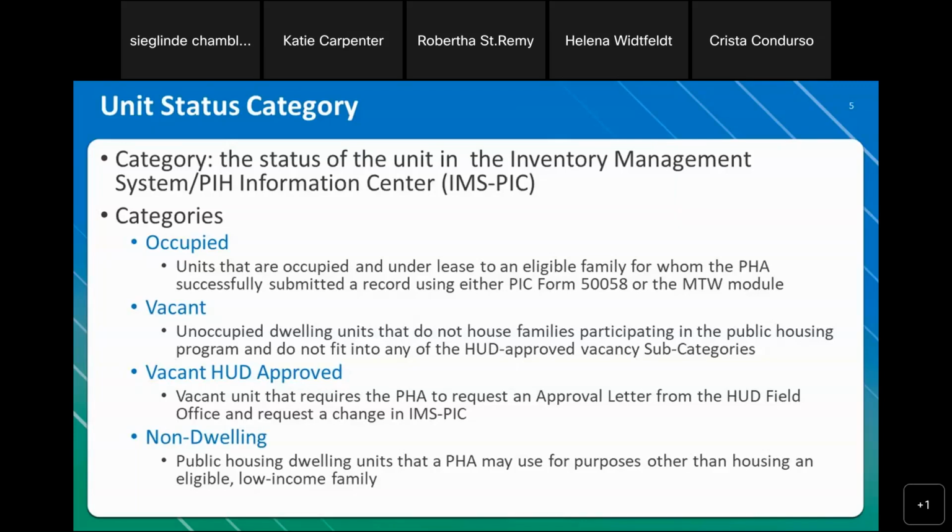The vacant units are really unoccupied dwelling units that do not house the families that participate in the public housing program and do not fit into the category of the unit HUD approved vacancy subcategory. However, we also have what's referred to as vacant HUD approved, and those units in particular require the PHA to request an approval letter from the HUD field office and request a change in PIC. And we will go into more detail about this.